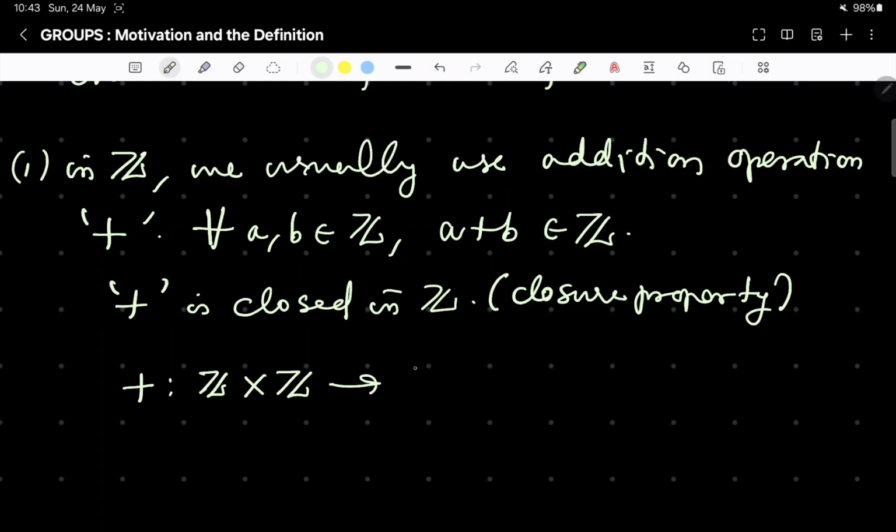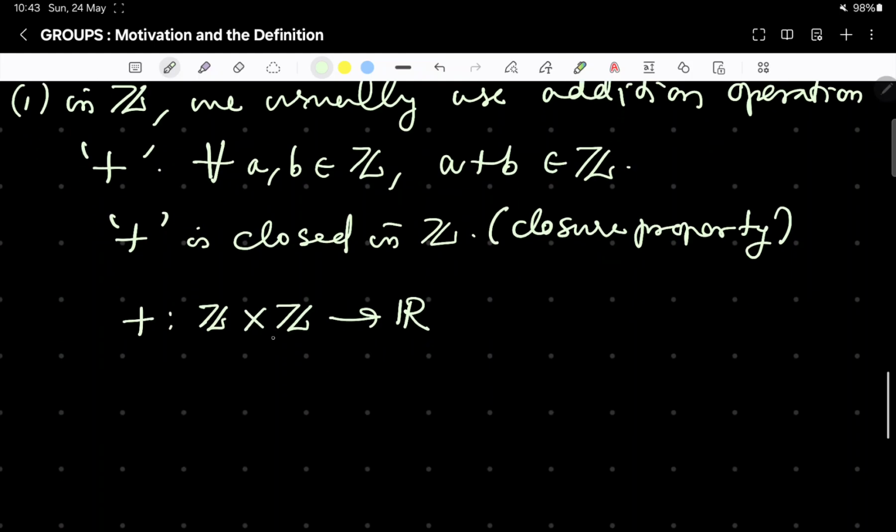Maybe the bigger set we have is the real numbers, right? If you take an element a, b from Z cross Z, the map is just a plus b, because plus is the addition.